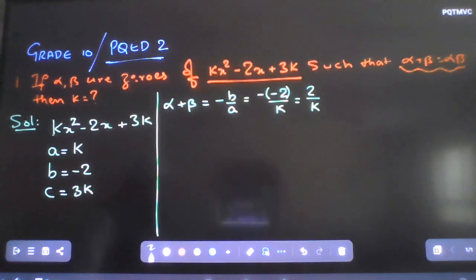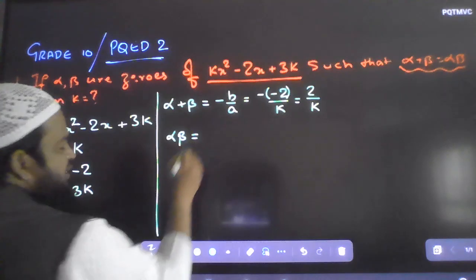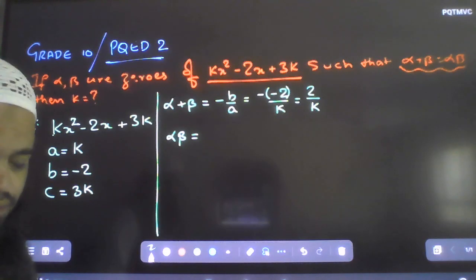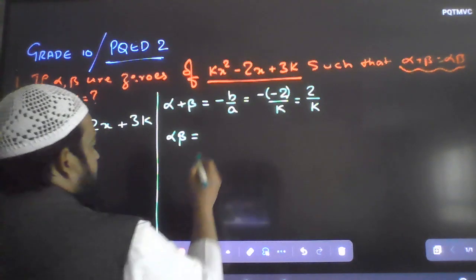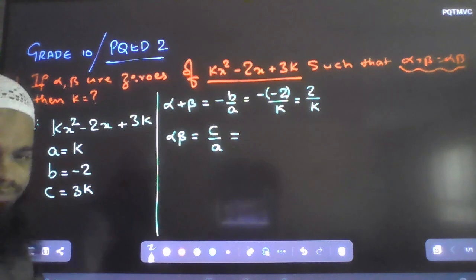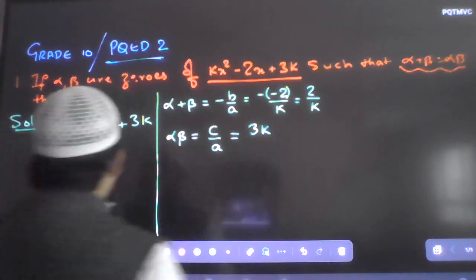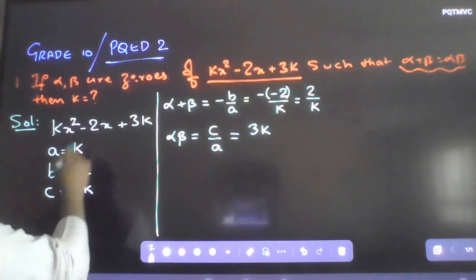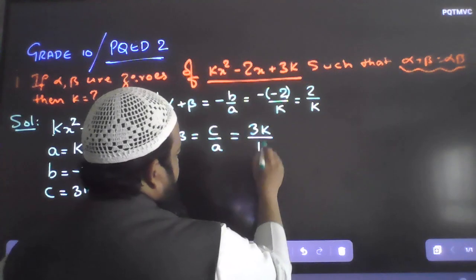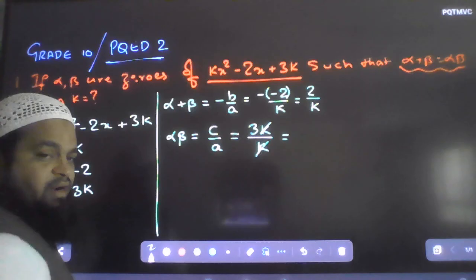And then, alpha beta is the product of zeros, which is c by a. What is c? 3k. And a is k. So 3k divided by k, and when we cancel k and k, alpha beta is equal to 3.